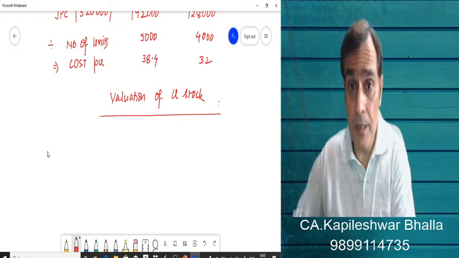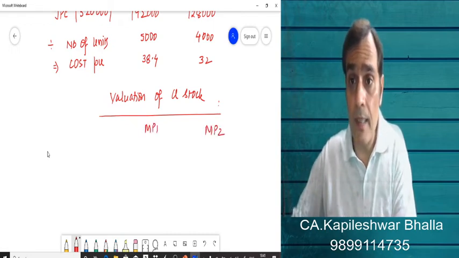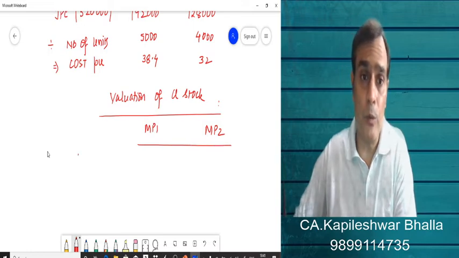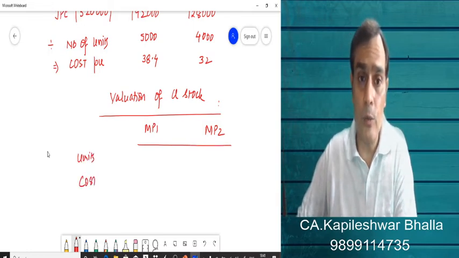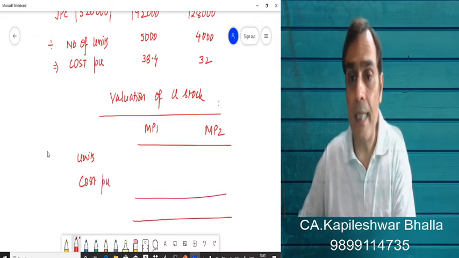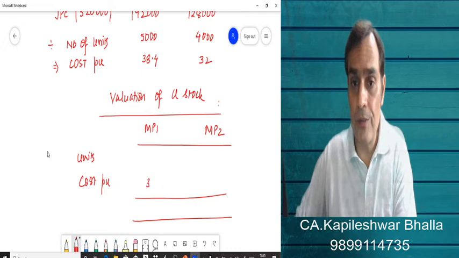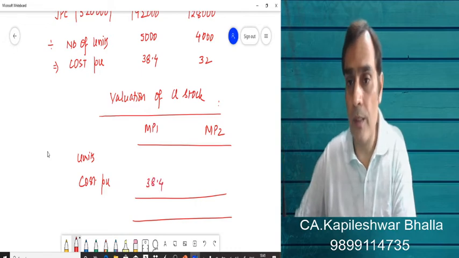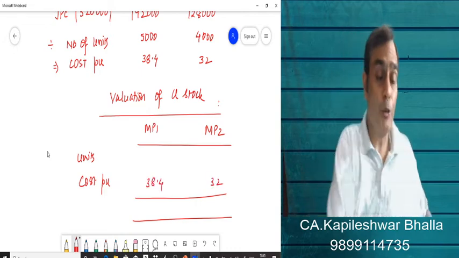So I'm taking the same columns MP1 and MP2. And in this particular case, we know the number of units in the closing stock and we know the cost on a per unit basis. We can conveniently calculate the closing stock. So this is 38.4 and this is 32.